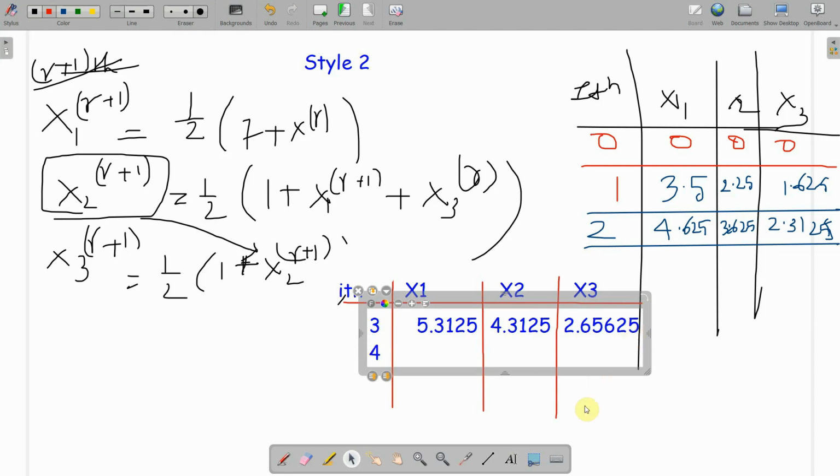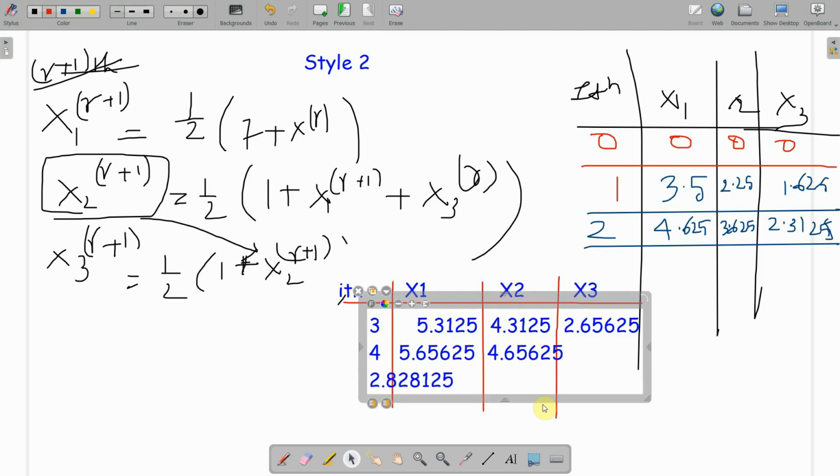Now for the fourth iteration, what will be the value of x1? 5.65625. x2 is 4.65625. x3 is 2.828125.